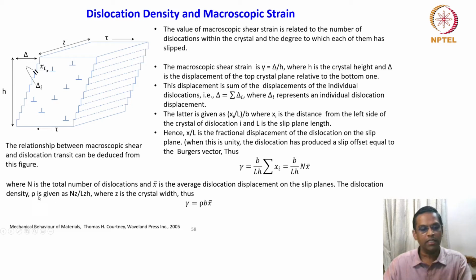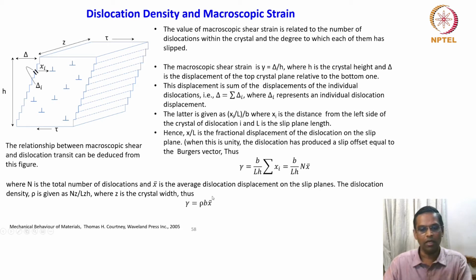The dislocation density rho is given as n z by L z h, where z is the crystal width. Thus, we see that gamma, the macroscopic shear strain, is equal to rho b x bar.